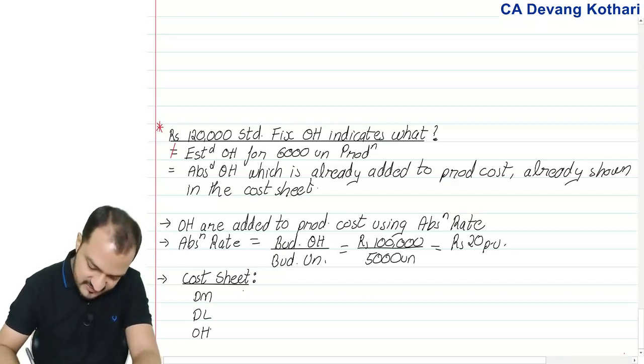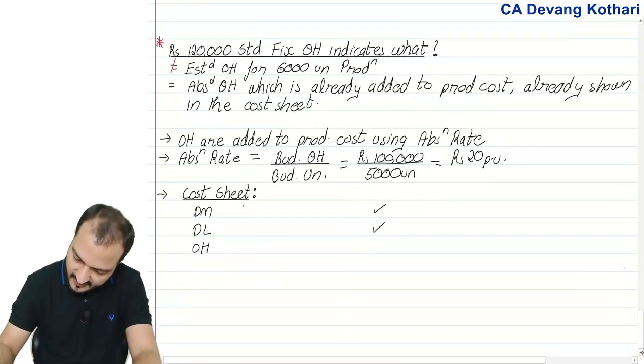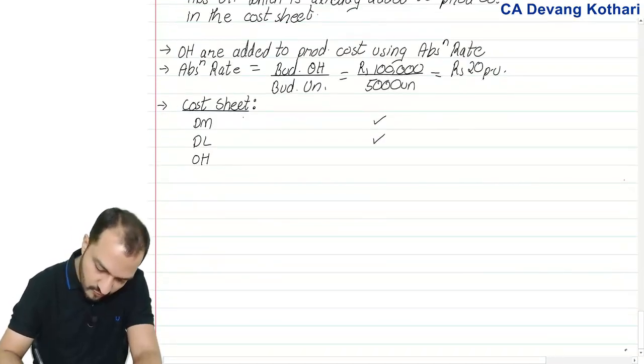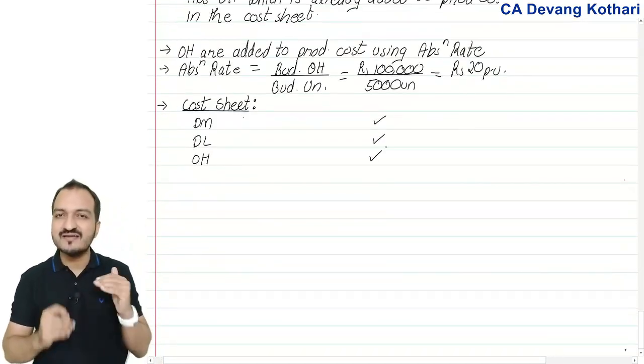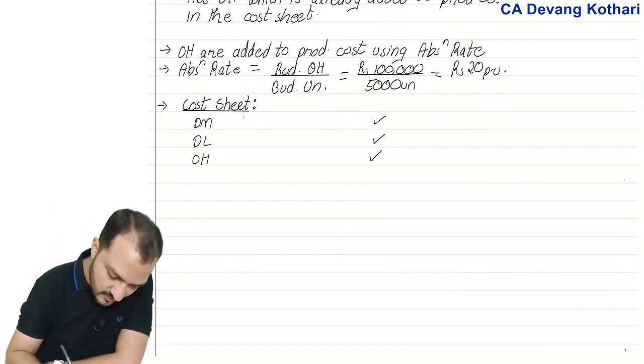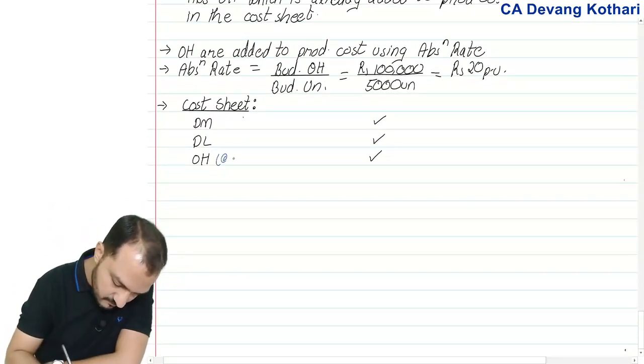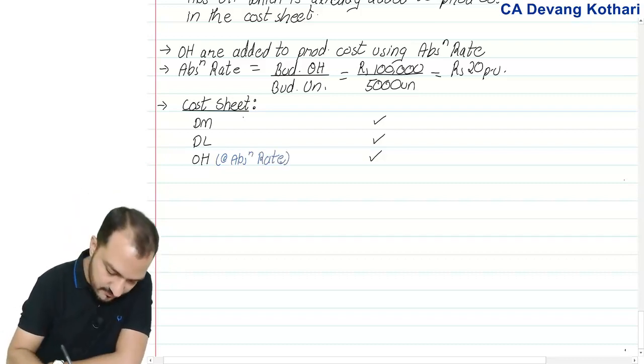It will contain some amount for direct material, some amount for direct labor, and some amount for overheads. But the overheads contained in the cost sheet will be based on the absorption rate, that is 20 per unit.